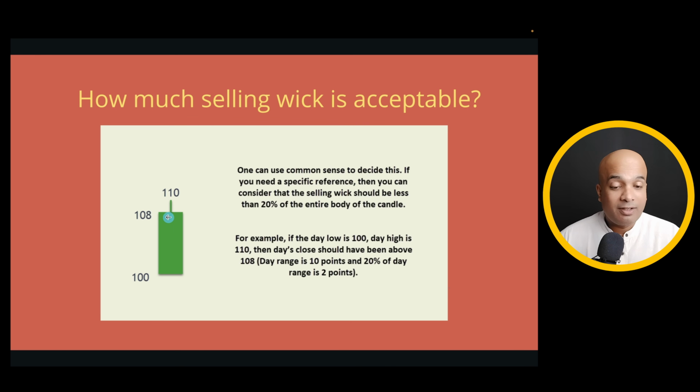That close is 20% of the overall range, right? So always ensure the wick is less than 20% of the entire candle. In this case, the close should be 108 or above. Only then does the selling wick become less than 20%, and it is acceptable.